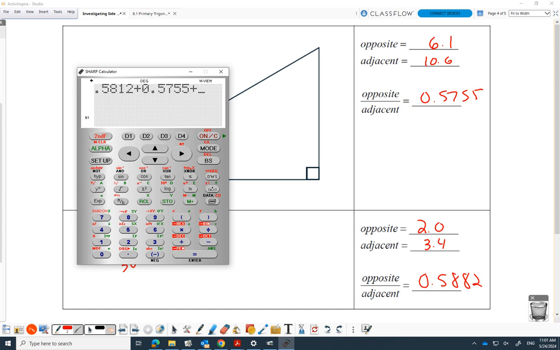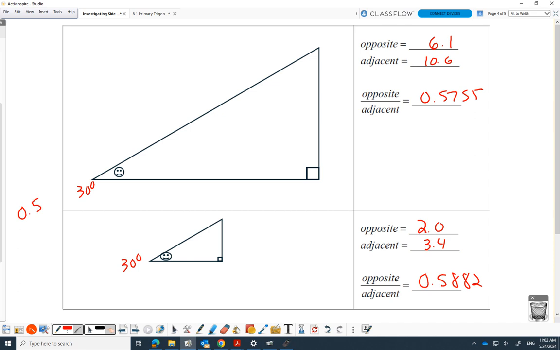And 0.5882. And when I divide by 5, I get 0.58014. And that was measuring pretty quickly.